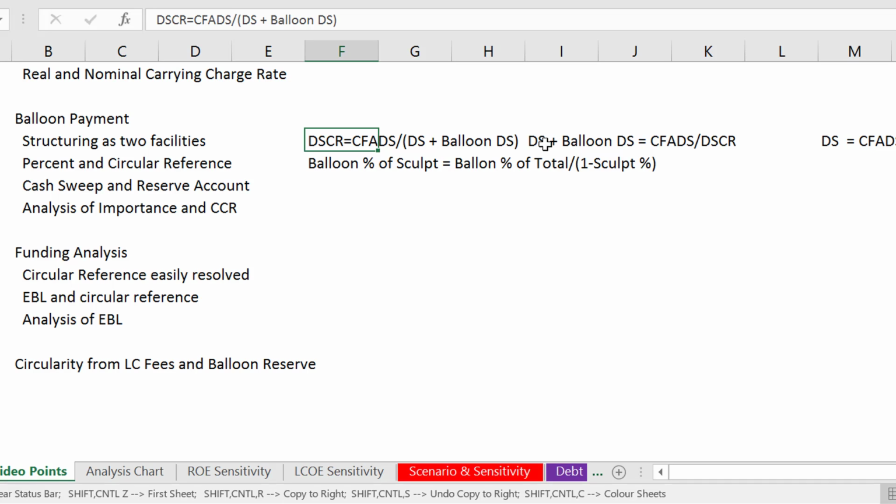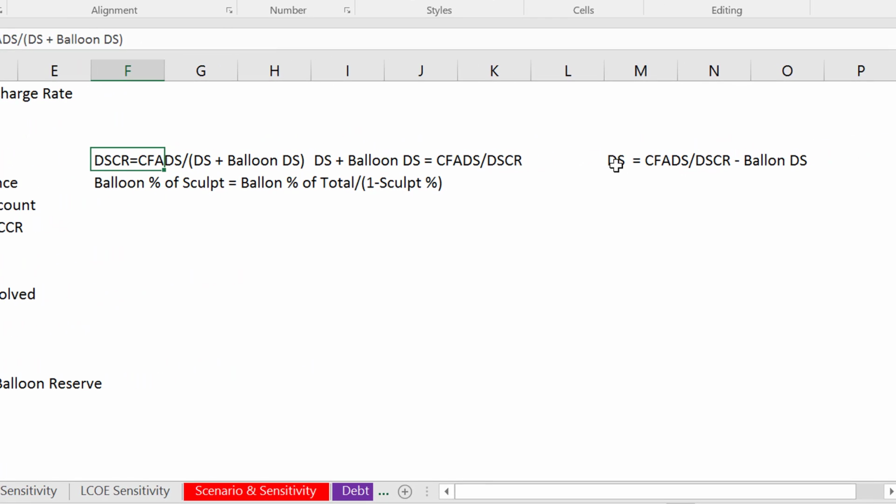And then the debt service on the regular capturing facility, I'll call it, plus the balloon payment is equal to that. So the debt service capturing. I made a name up just now.